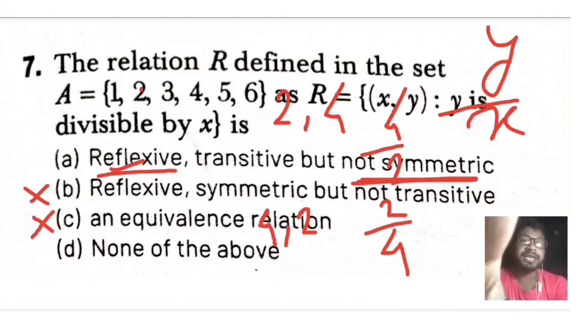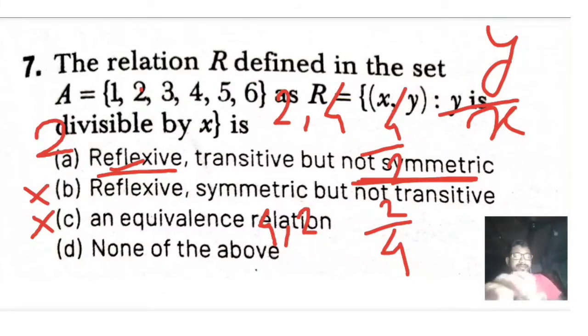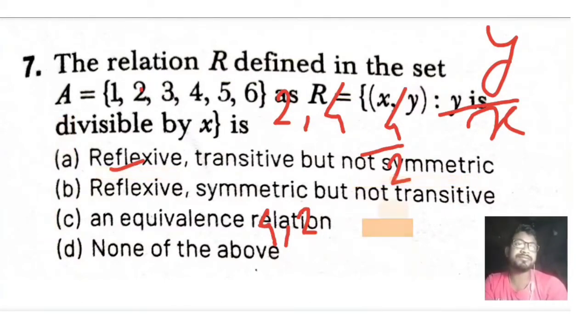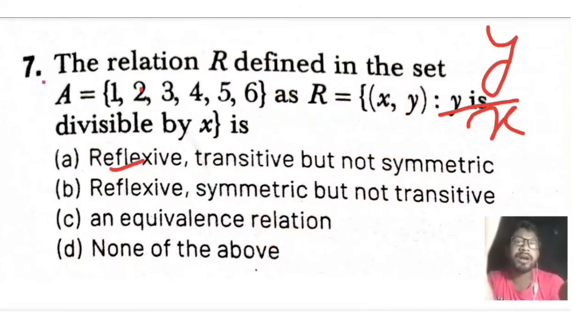If we take 2, 4, then 2 is divisible by... take 1, 3 and 6. Okay, if we take 3 points, then 1 comma 3, then always 3 is divisible by 1.